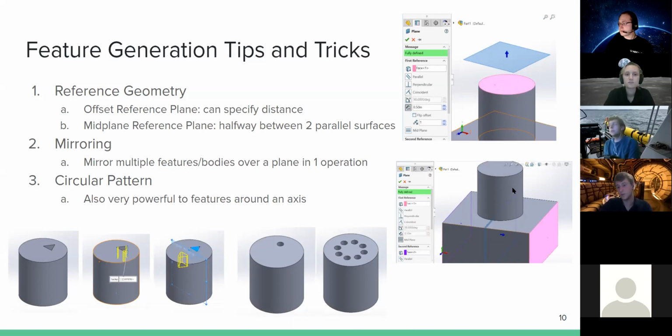Or let's say we wanted one right in the middle. We can select these two surfaces and SolidWorks will populate that right in the middle. This can be useful for different things, mainly mirroring and circular or linear patterning, any kind of patterns, just to save you some work. You can make one feature and repeat it a whole bunch of times so you don't have to manually do that or make a big convoluted sketch.